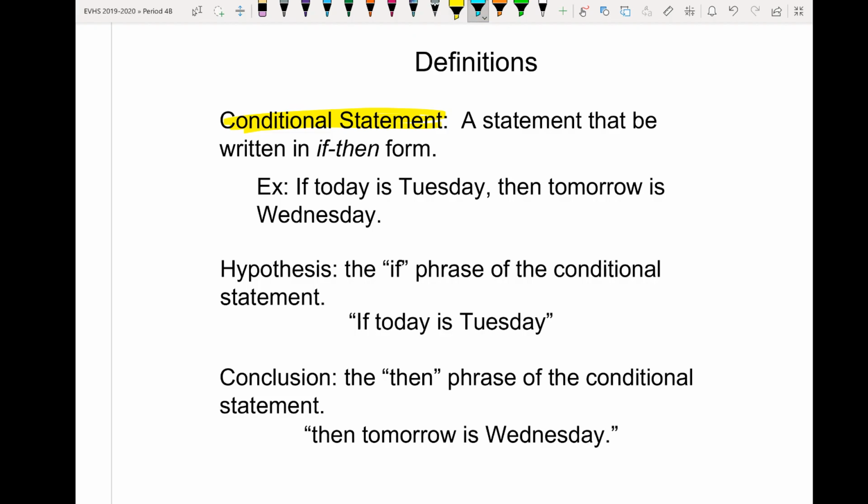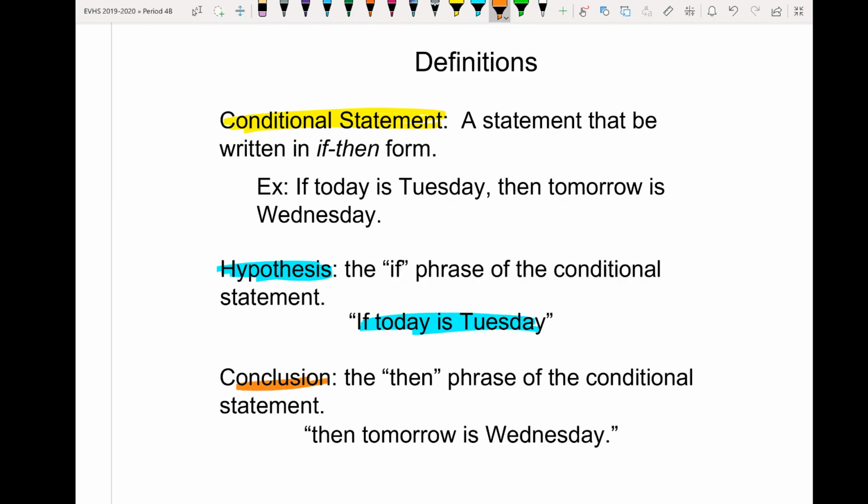All right, now, the hypothesis, and I told you I would be using this word slightly differently than you have in your science classes. It's just the if part of the conditional statement, okay? So that is the if today is Tuesday. And I'm using blue for my hypothesis on all these, all right? So you can actually visually see this.